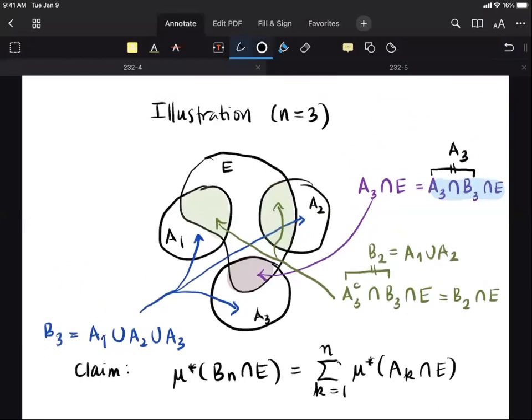If you view this equation, it seems that mu star is somewhat, at least in this example, additive, because Bn intersection E would be the green and then the red parts. So if you want to take the outer measure of those, then we just take the outer measure of the constituents or the components.